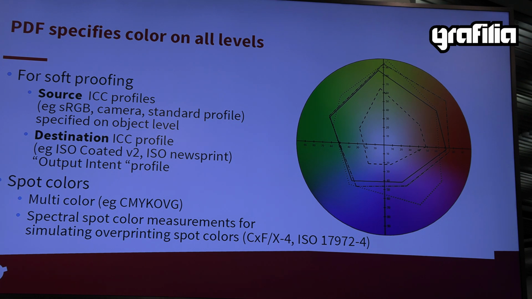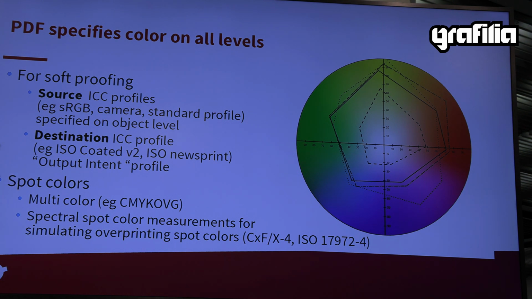A PDF page can tell you this image was created with that camera, and then it was improved and changed, and everything happened with the intention to print it, let's say, on ISO coated. So you can say everything happened to that PDF page with the intention to be printed on commercial print.